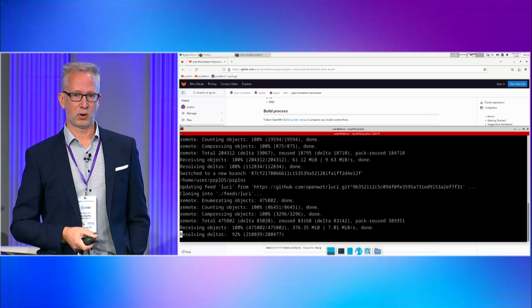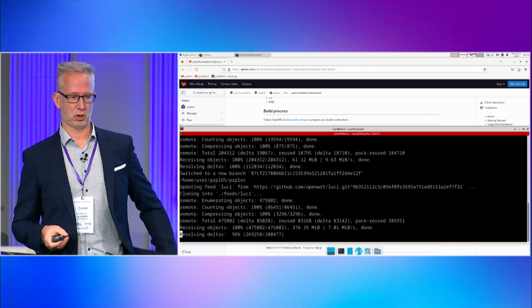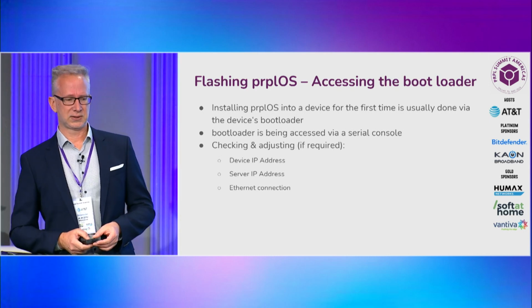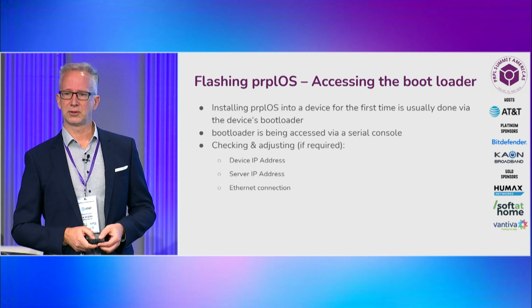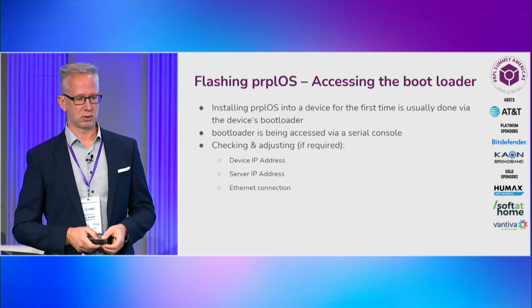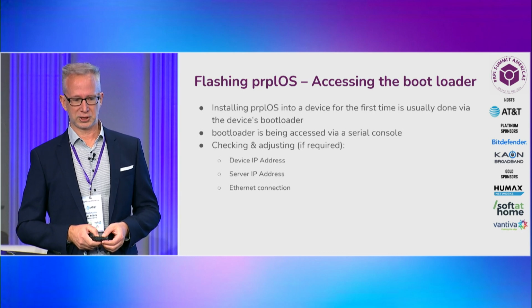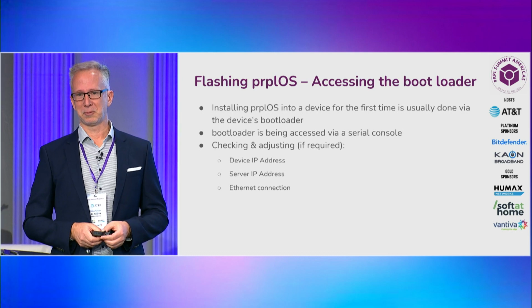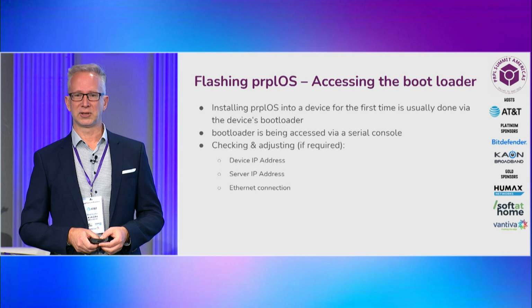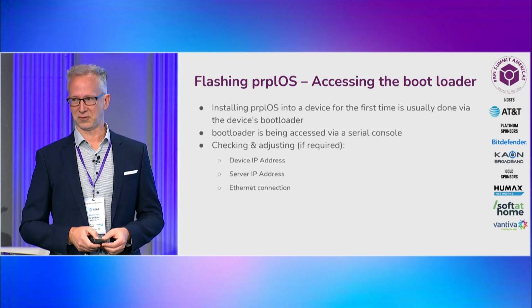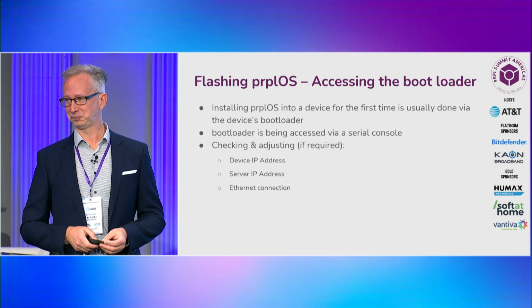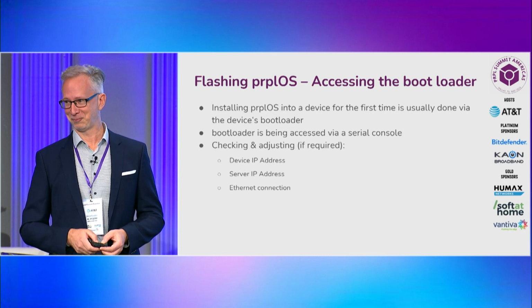Let's get to the point of getting the firmware onto the box. So flashing prplOS is done like with OpenWRT using the device's bootloader. Unfortunately, for the time being, the bootloader differs on the device. We are working on standardizing this, and Wouter, tell me if I'm wrong here.